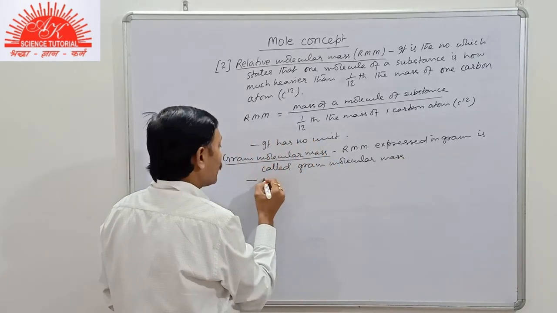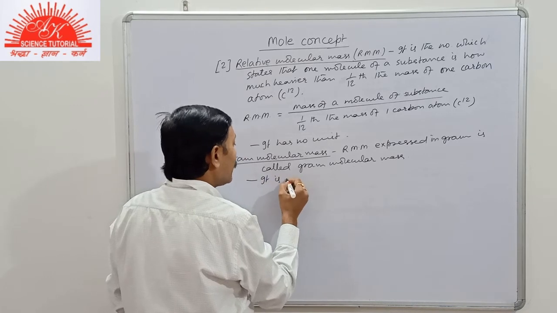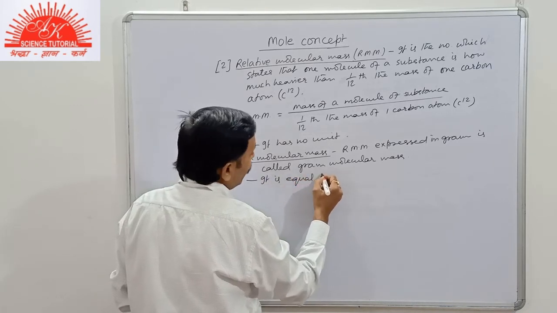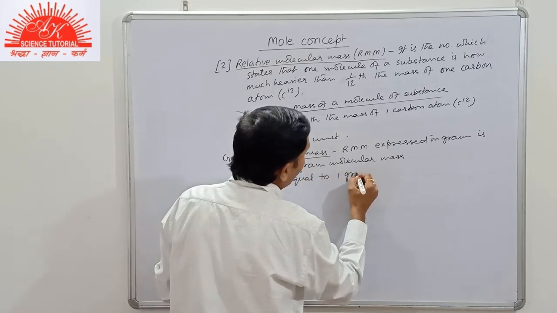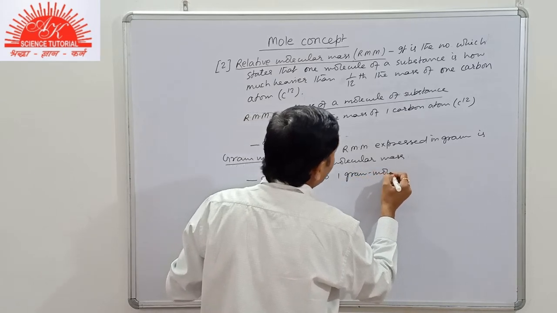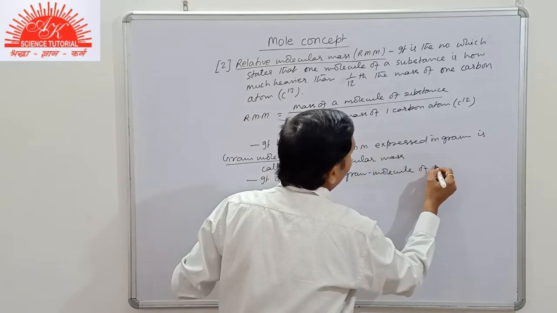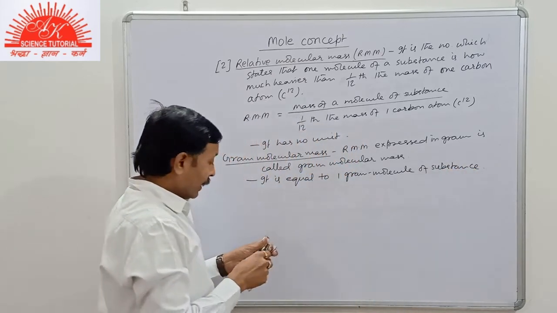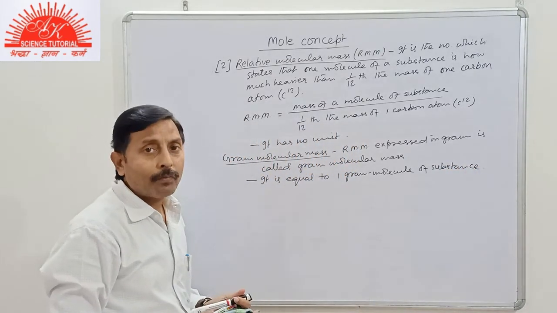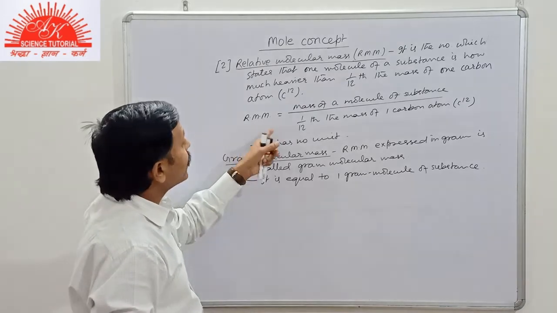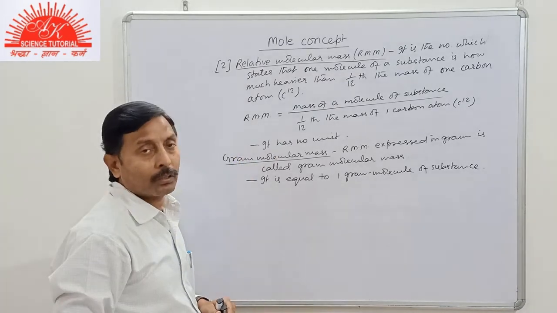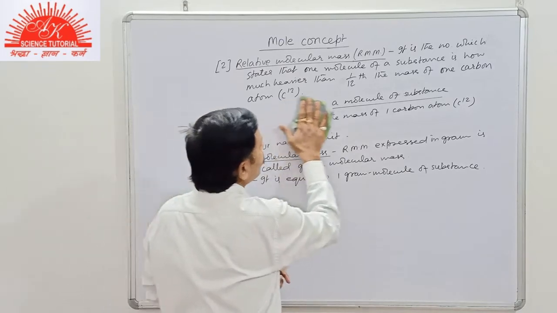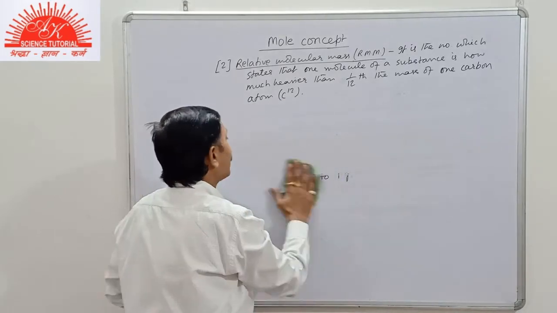Now again it is equal to 1 gram molecule of the substance. So as we have used the relationship for the atoms, similarly we have it for the molecule. Now suppose we take a simple example.